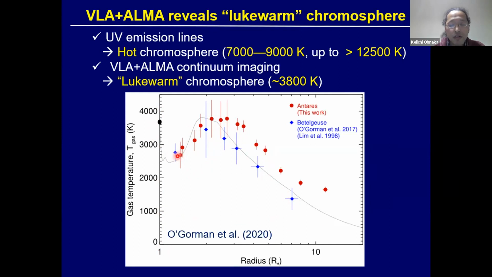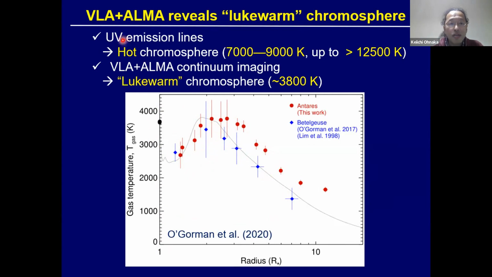Near the surface, or near the photosphere, the temperature is about 2700 or 2800 K, and it goes up to nearly 4000 K, and then it goes down. So this looks like a chromosphere.